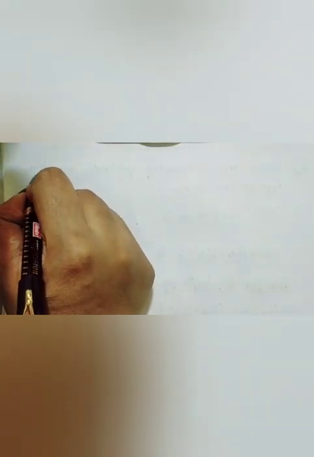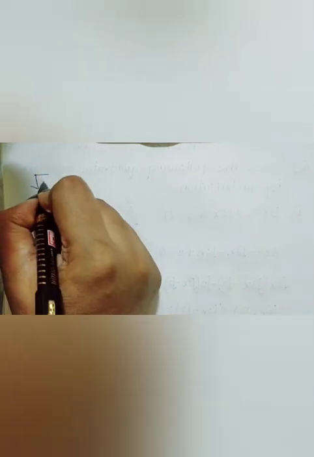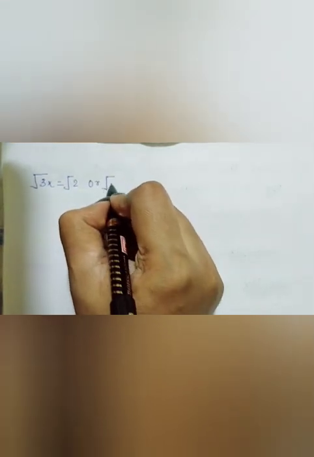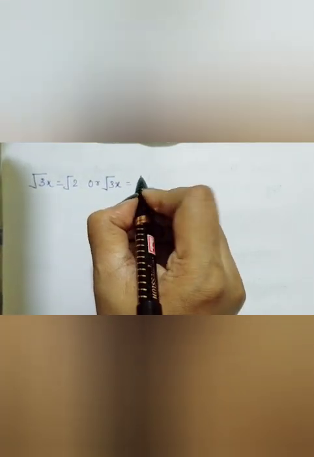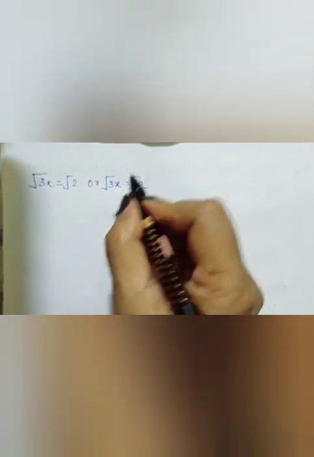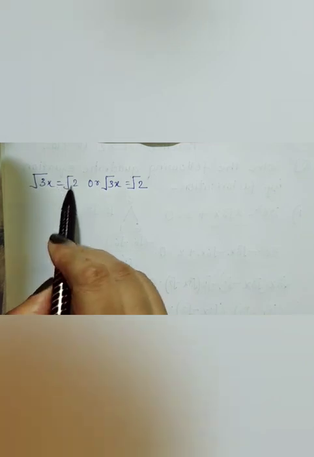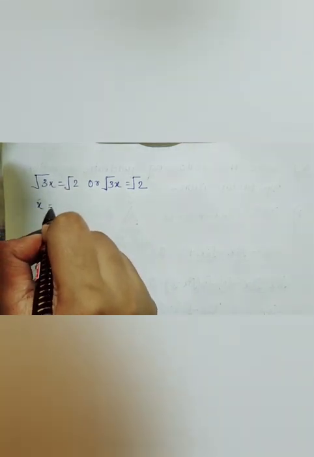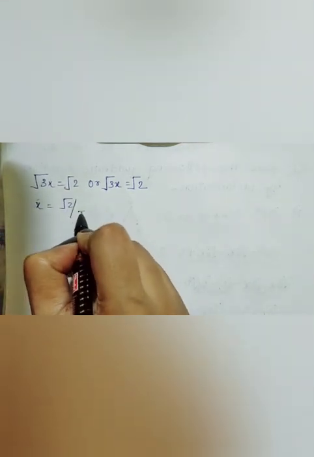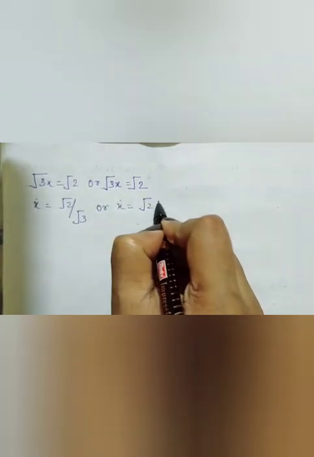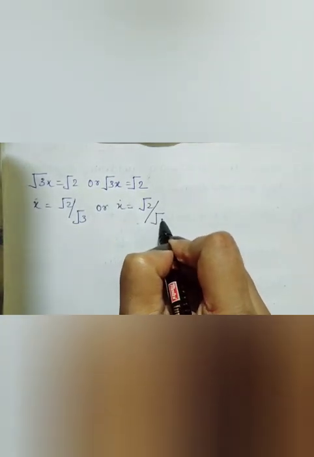Again root 3x is equal to root 2, or root 3x is equal to root 2, because when this root 2 will come this side, the sign will change. Now again x is equal to root 2 upon root 3, or x is equal to root 2 upon root 3.